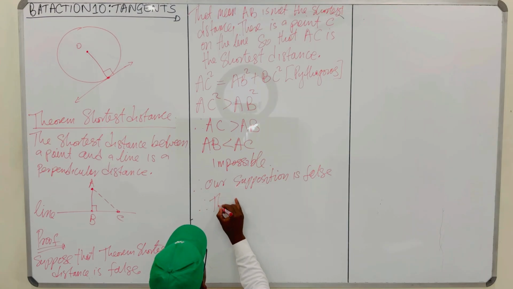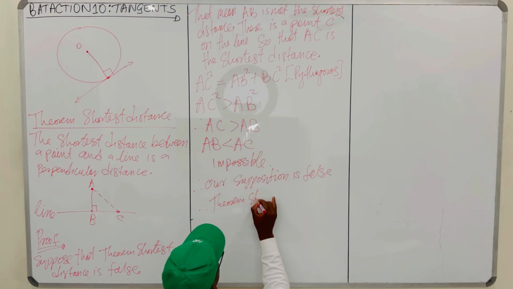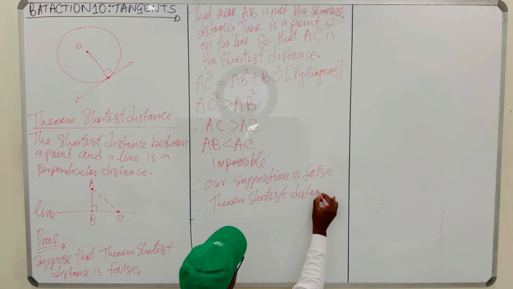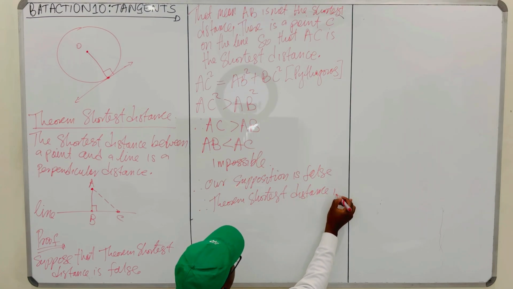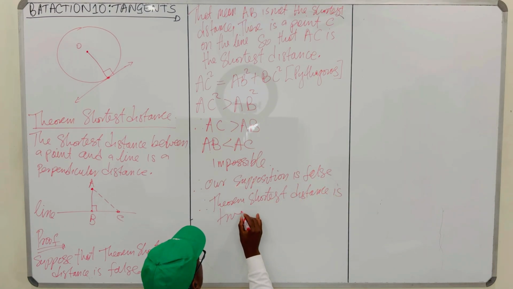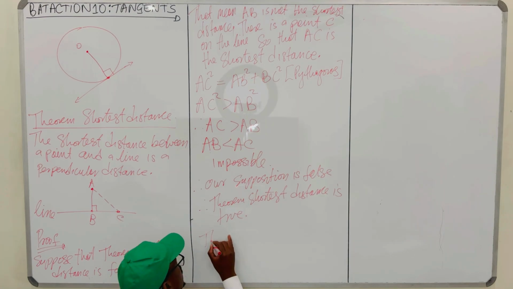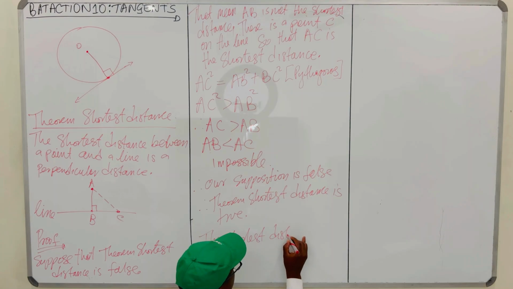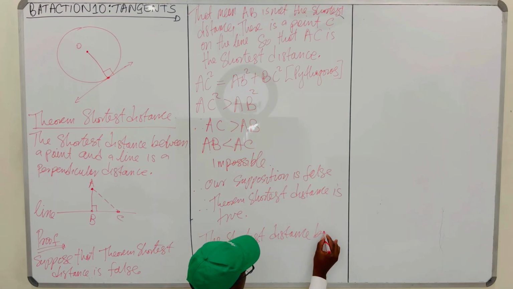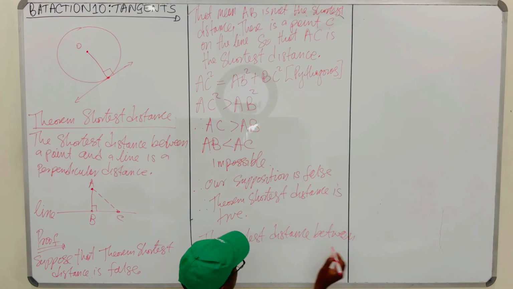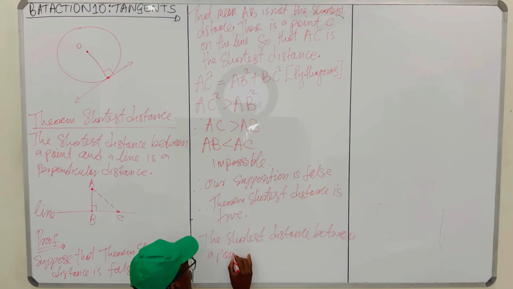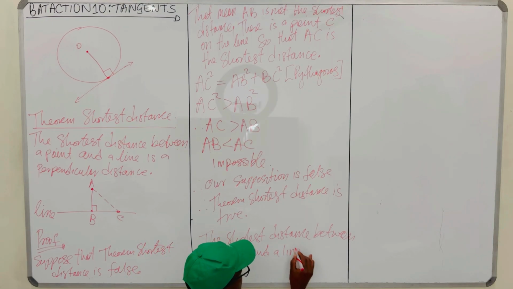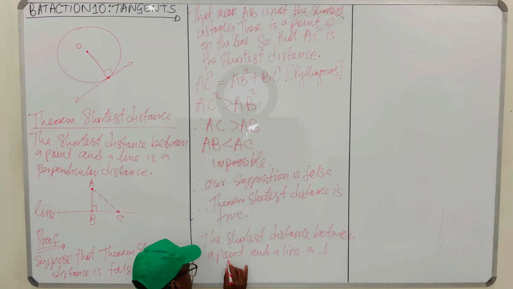And therefore, the theorem shortest distance is true. What does that mean? It means that the shortest distance between a point and a line is a perpendicular distance.